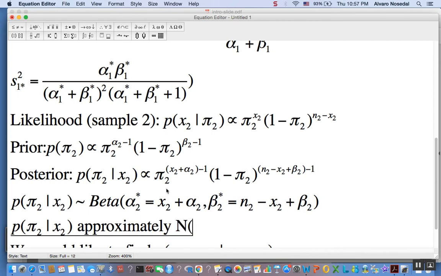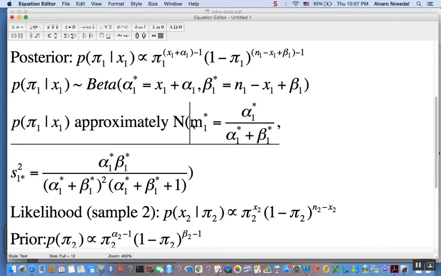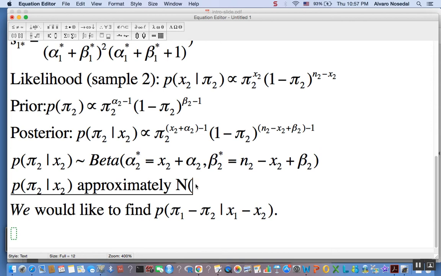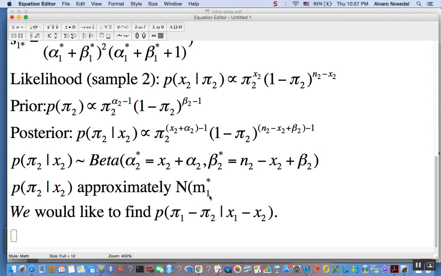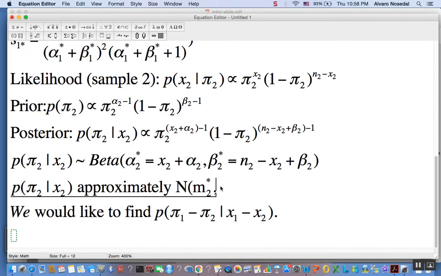So in this case, let me just leave that as M2 star, but you know what I mean, and S2 star. It's going to be defined in a similar way to the one we have above. But I wanted to have at least one of them explicitly.